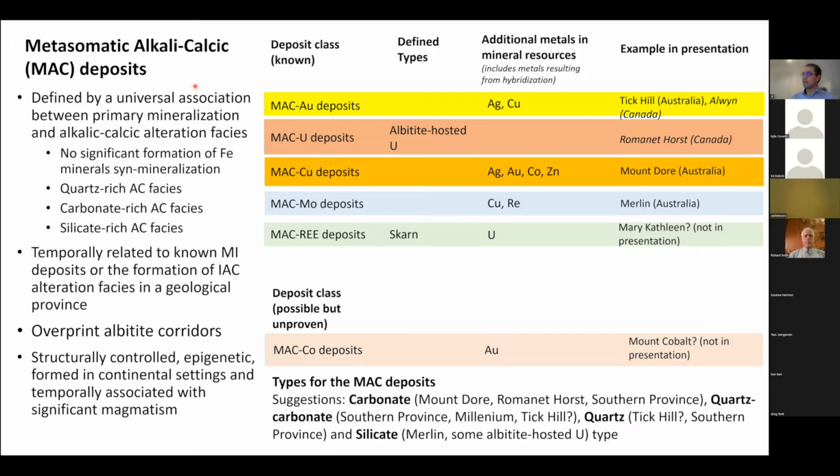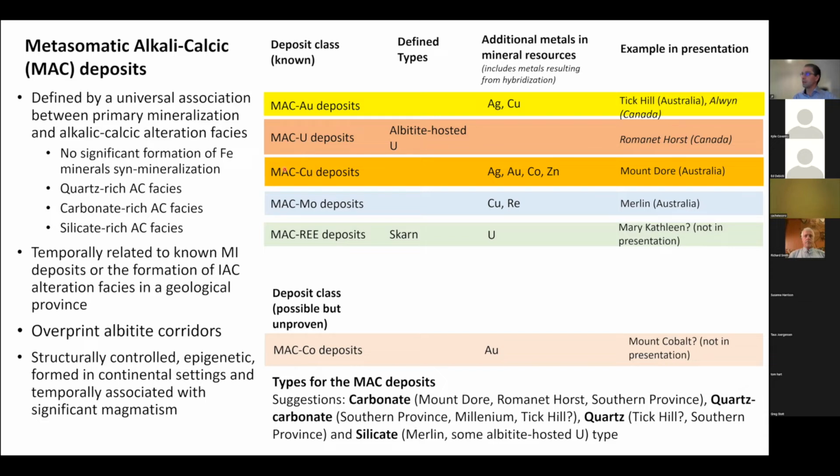We can still find a few across the world that we can start associating and then start to do some grouping based on the deposits that are known to be associated with these metasomatic systems. A group that is gold-rich, one example could be Tennant Creek in Australia. One group that is potentially uranium-rich, with examples of showings and prospects in the Romanet Horst in Canada.